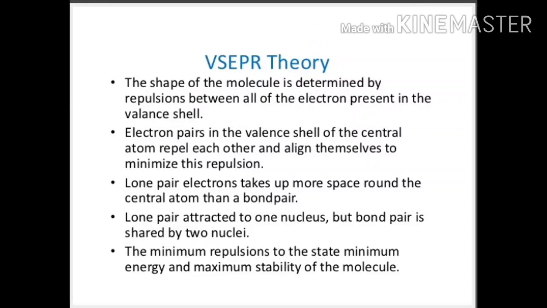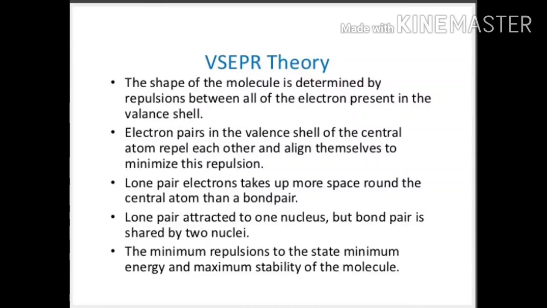In this theory, multiple bonds are treated as a single unit, like a single electron pair, and all the atoms surrounding the central atom arrange themselves in such a way that there is minimum repulsion between them.